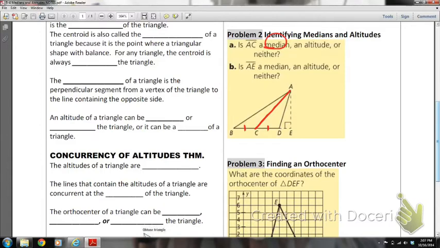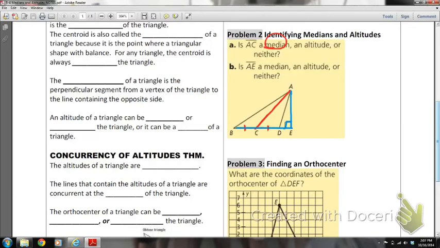So now let's look at the next part of the question, which is AE. Is it an altitude or a median? Well, we know it's not a median because it's not going to the midpoint of the opposite side. AC was going to the midpoint of the opposite side. And we can tell here that AE is going down at a right angle to an extension of its opposite side.